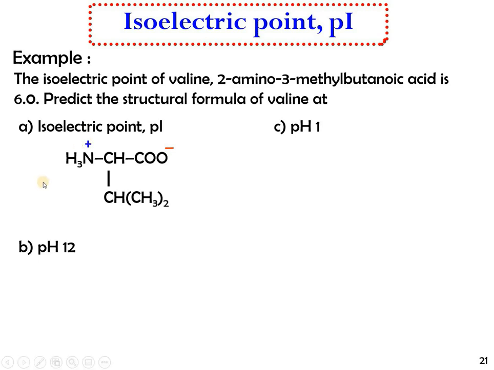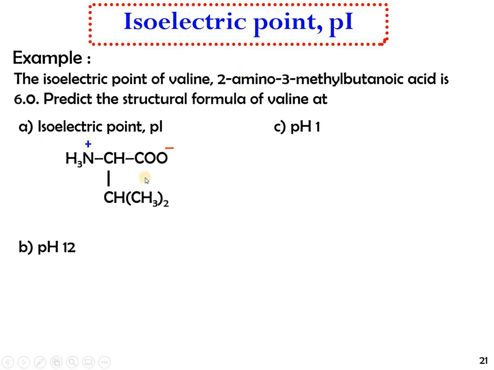So, this is the structure of the isoelectric point of 2-amino 3-methylbutanoic acid. You may draw the structure of 2-amino 3-methylbutanoic acid first. You just follow the name and then draw it, the standard amino acid structure.